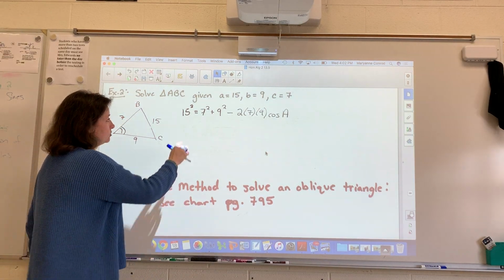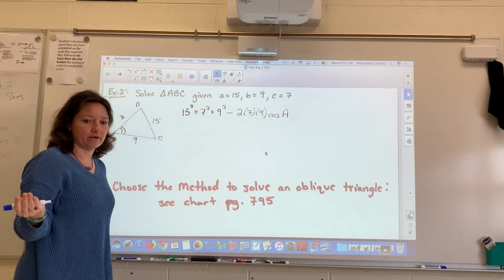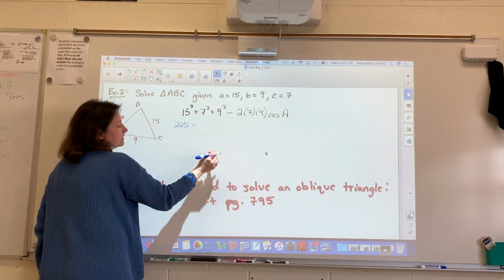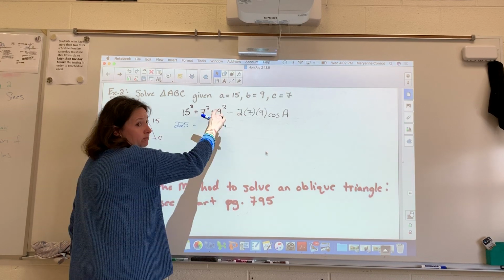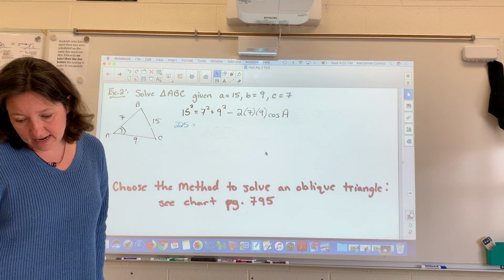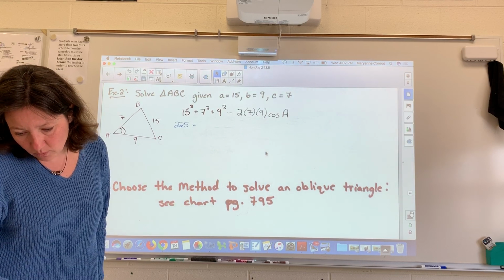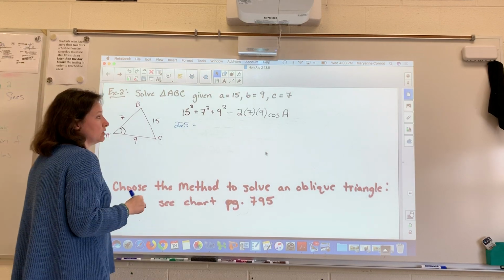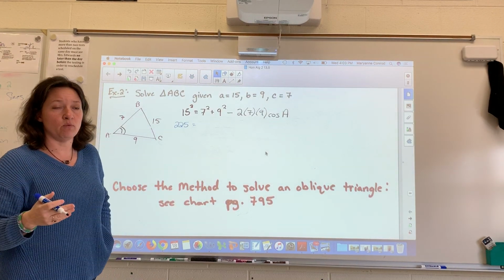So first thing we have to do is find what is 15 squared. 15 squared is 225. Then we have to find what 7 squared plus 9 squared is. So 7 squared is 49, 9 squared is 81. We're going to add the 49 and the 81. So someone tell me what 49 plus 81 is.